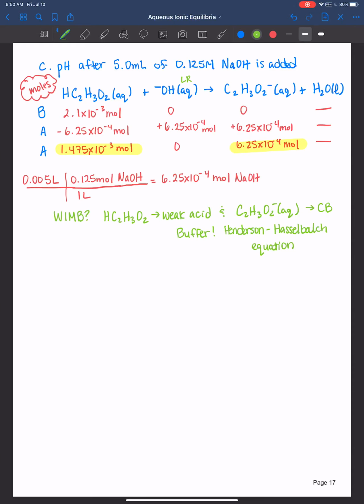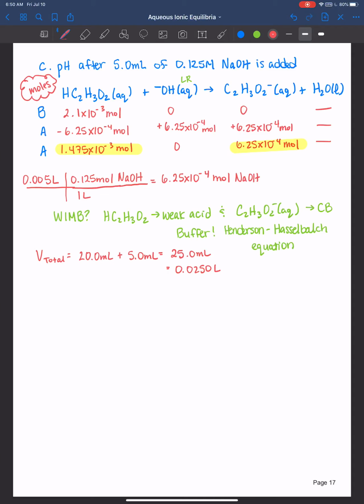I'm first going to convert to concentration just to see what we have left over in concentration and molarity. So whenever you do that, you want to make sure that you add up the total volume that's in your beaker after the addition. And so we initially started with 20 milliliters of acetic acid. We've added 5 milliliters of the sodium hydroxide, so you have 25 milliliters, which is equal to 0.0250 liters.